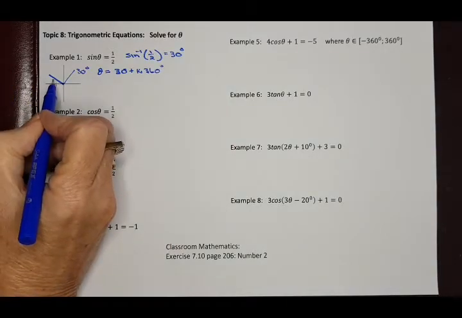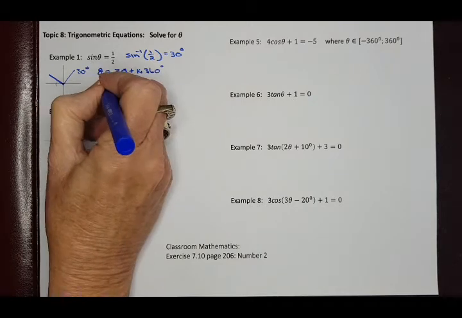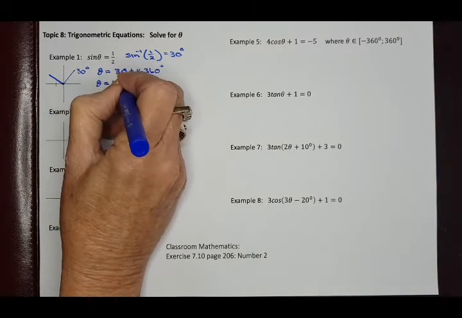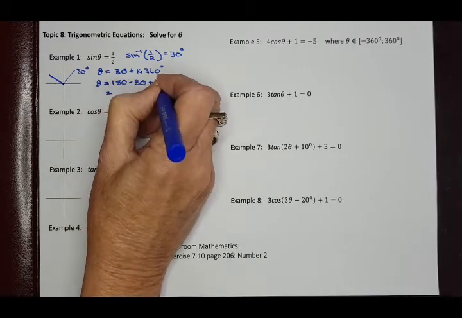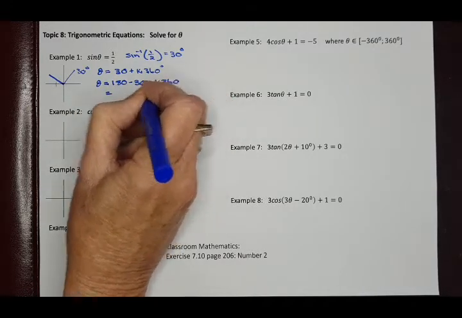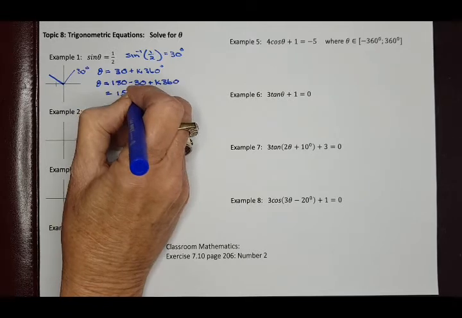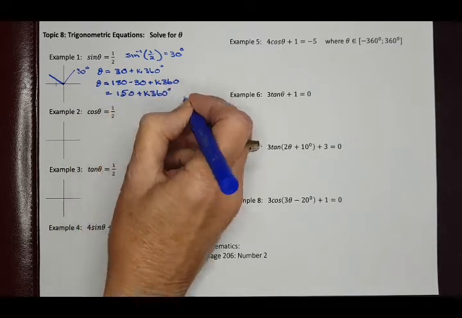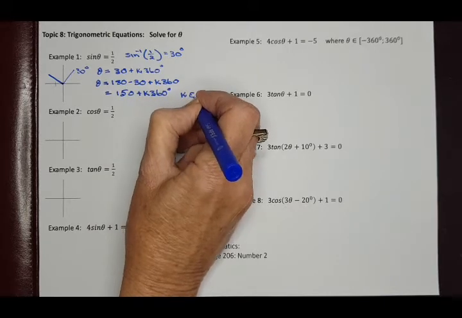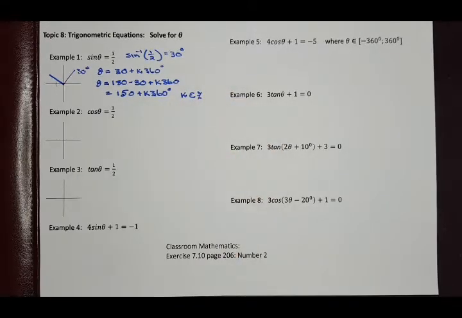But we can also have that our angle theta is going to be 180 degrees minus 30, 150 plus k 360, where k is an element of the set of integers.